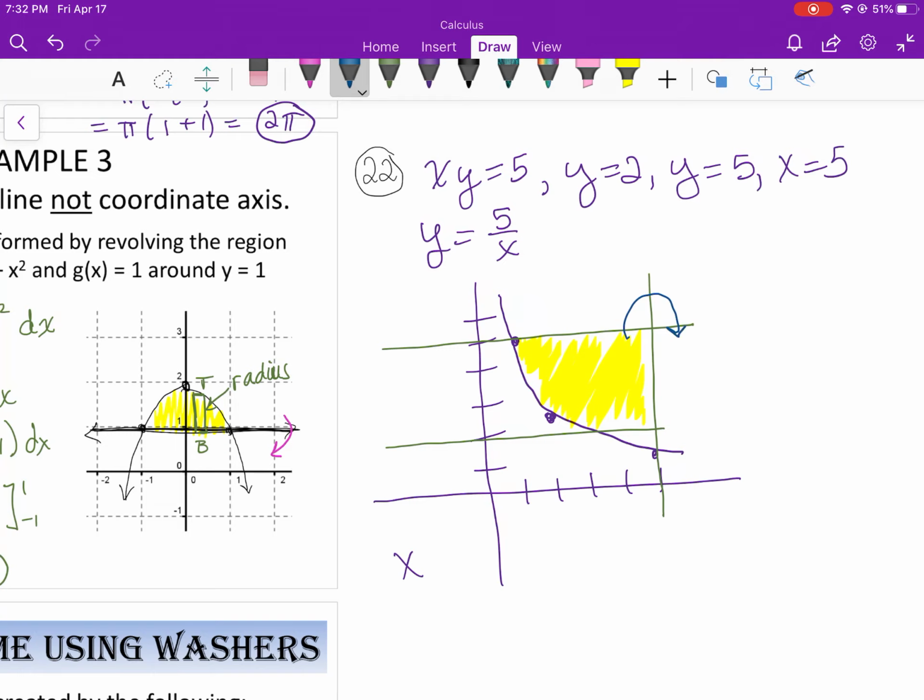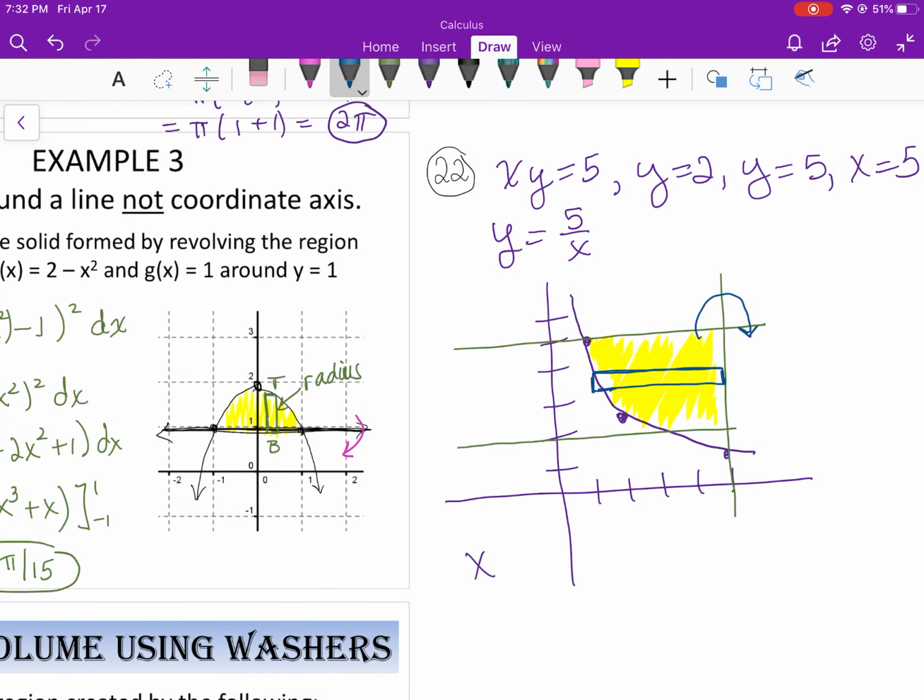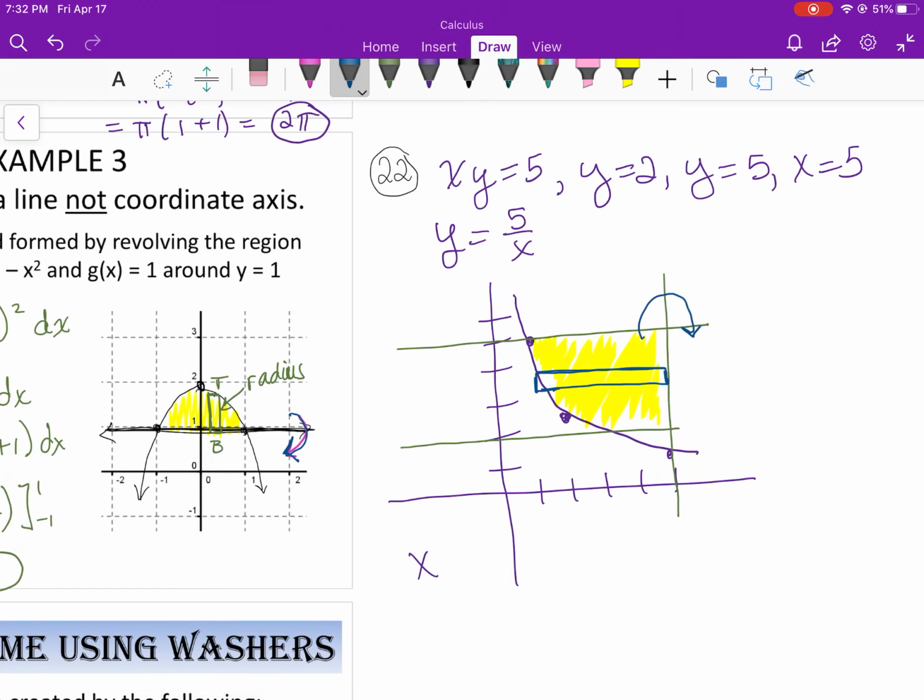Because our axis of rotation is vertical, our rectangle has to be horizontal, because they run perpendicular to each other. Just like in our other problem, where we were going around a horizontal axis. Now we're going around a vertical axis, so everything has to be in terms of y. This now needs to be x equals 5 over y.